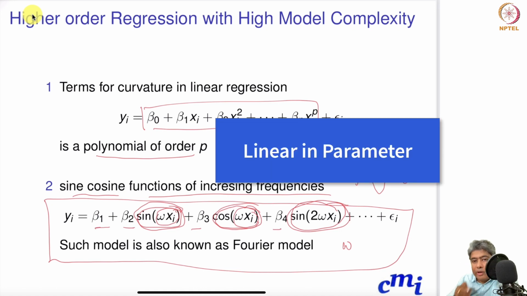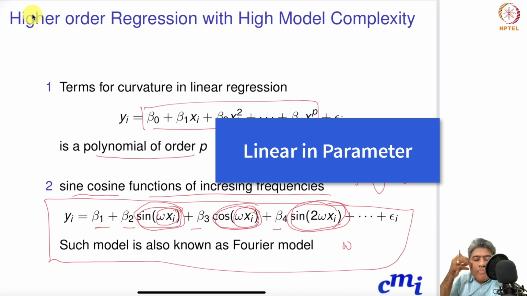This is very important: your model has to be linear in parameter and the feature part has to be completely known. These are all engineered features, or transformed variables. The transformed variable part shouldn't include any unknown component.